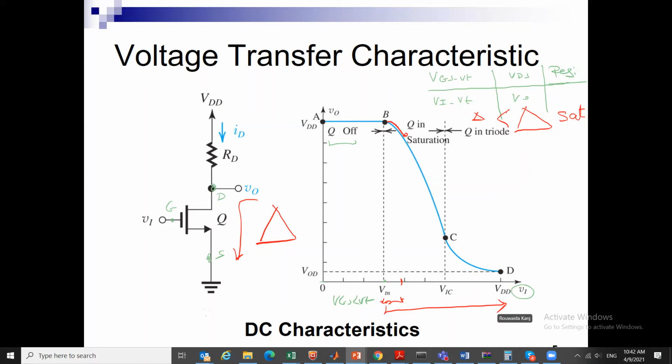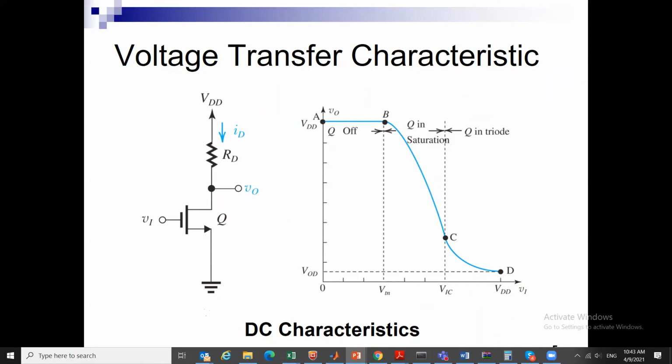When Vn becomes very large, then I have a very large input and a very small output. In this case, this is my VOV, this is my VDS.